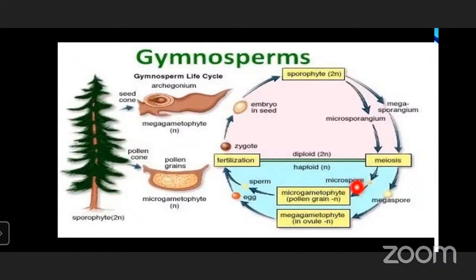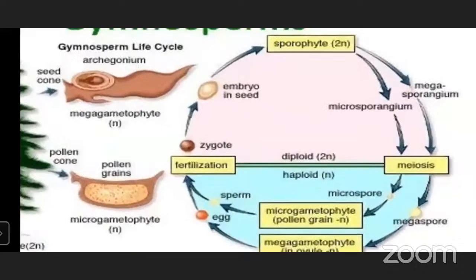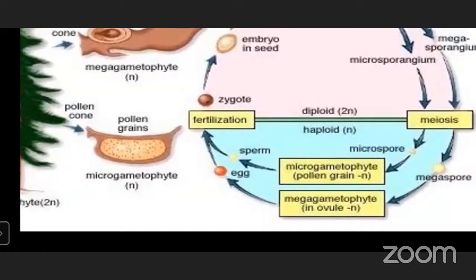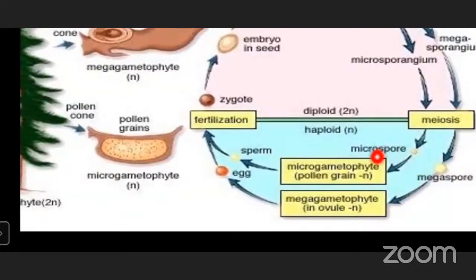Microspores germinate to form the microgametophyte, that is the male gametophyte, and megaspores germinate to form the megagametophyte, that is the female gametophyte. Microspores germinate to give the male gametophyte, megaspores germinate to form the female gametophyte.